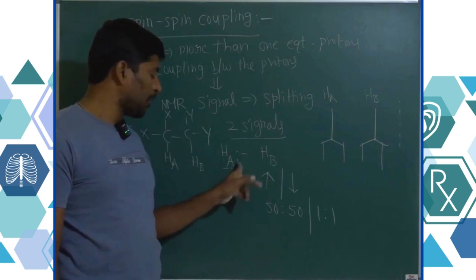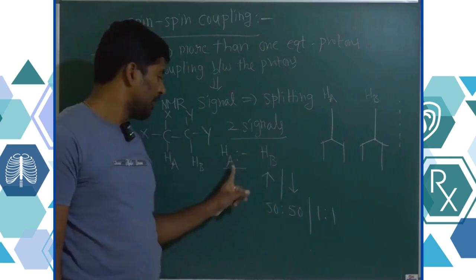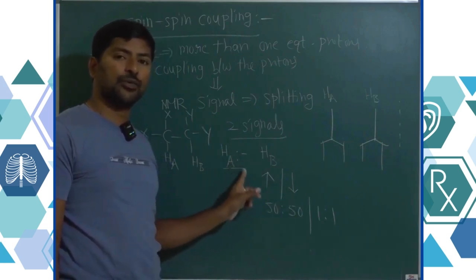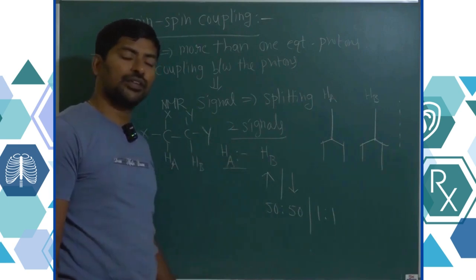When HA interacts with the downward orientation of B, the effective magnetic field felt by HA decreases, so its Larmor frequency decreases.